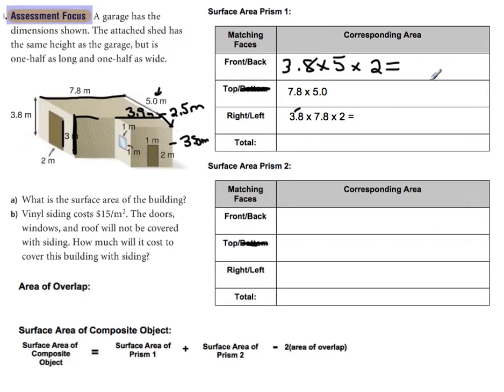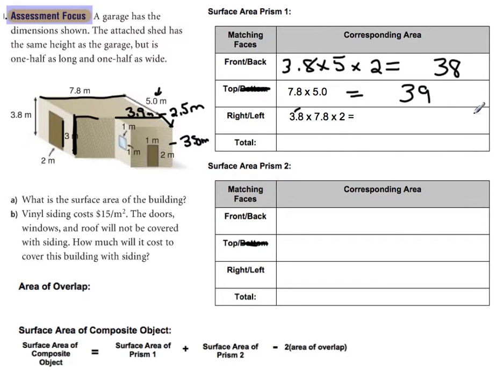So I'm going to go 3.8 times 5 times 2 to give you the top one. And I'm just going to double check my answer because this is a very long question, so I'm going to make sure I'm doing it all right. So I'm going to check my calculations twice. And I got the same answer. So I'm going to go on to the next one. So 7.8 times 5, that's 39.